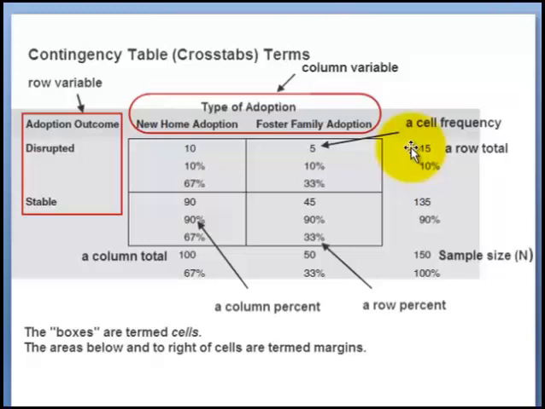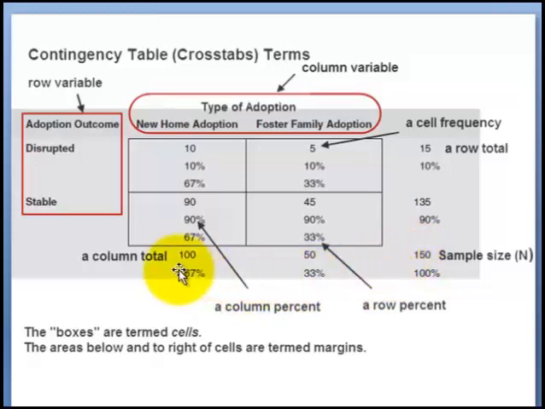We have 10 new home adoptions and 5 foster home adoptions, so these sum to the row total of 15. And the row total for stable adoptions, 90 plus 45, sums to our row total of 135. Note that the row totals sum to the total sample size of 150.